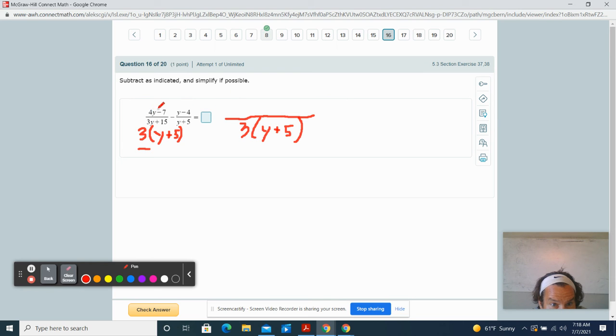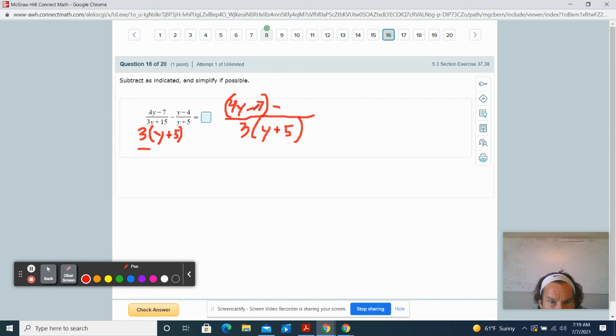So that top 4y minus 7 does not change. 4y minus 7, I'm just going to put it in parentheses because you might make a mistake with this minus sign. So I'm going to put the minus sign here.